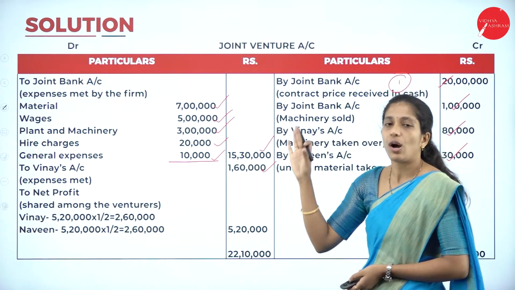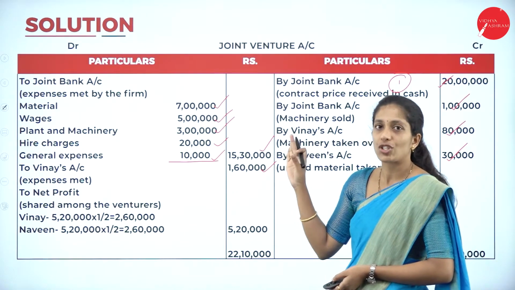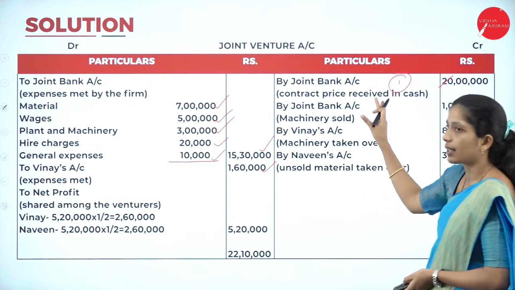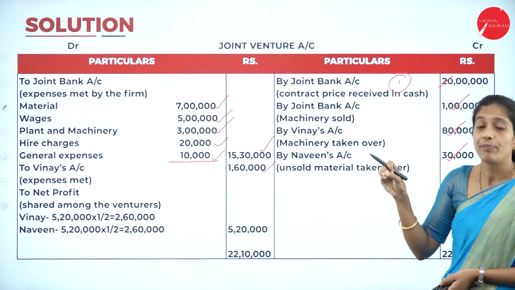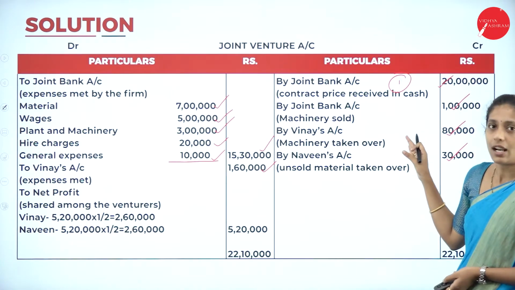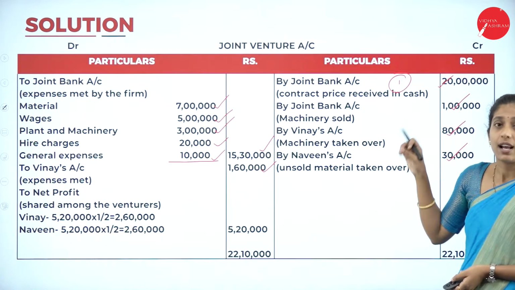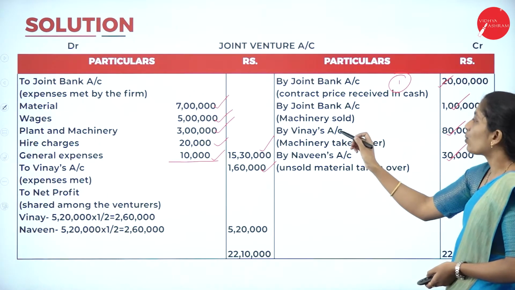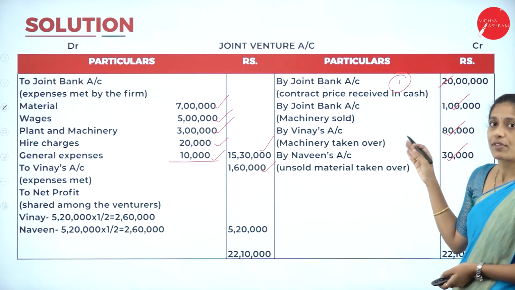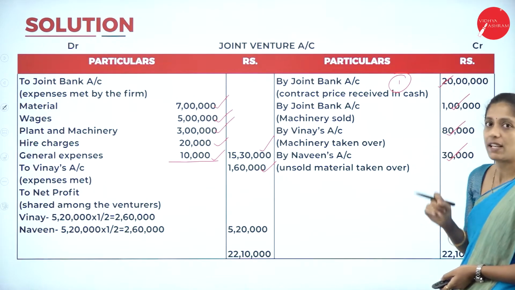Now we are done with all the entries relating to joint venture account. First we have recorded the contract price. Next we have recorded the expenses incurred by the firm. Next what we have recorded? The asset which has been taken over, as well as the asset which has been sold. So here there was machinery sold and half of the machinery was taken over by one of the venturers.